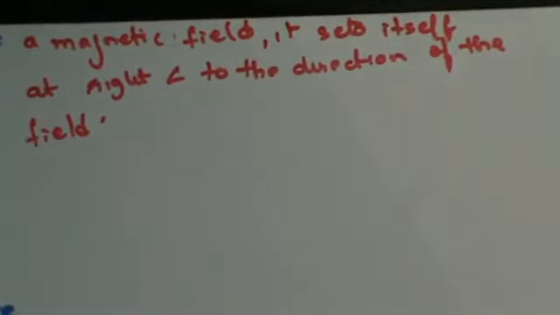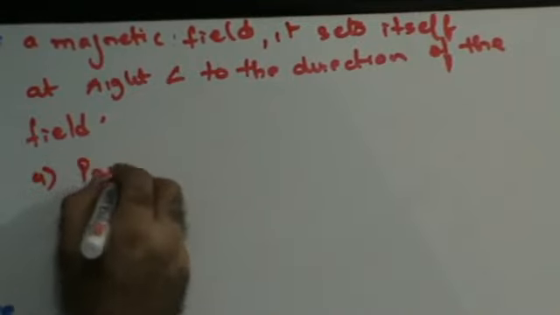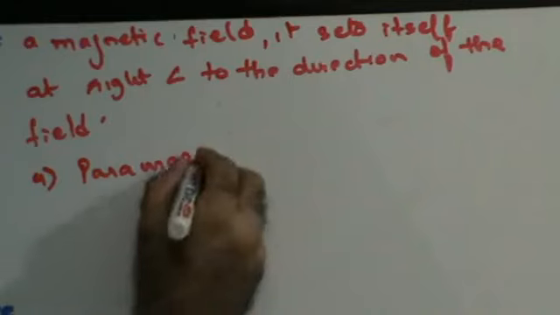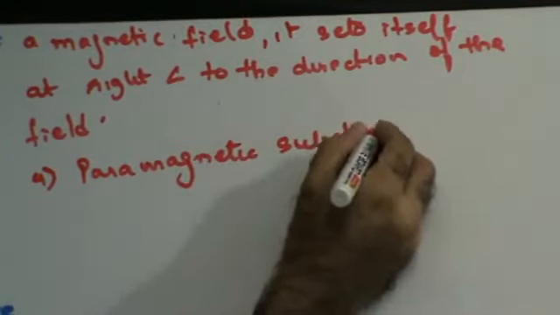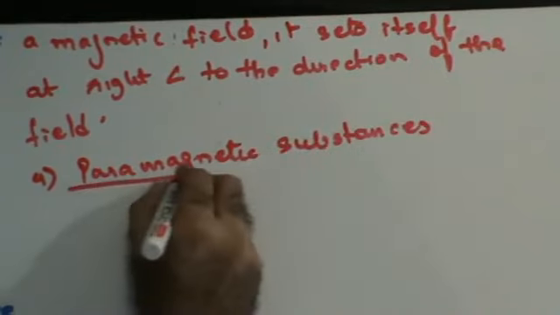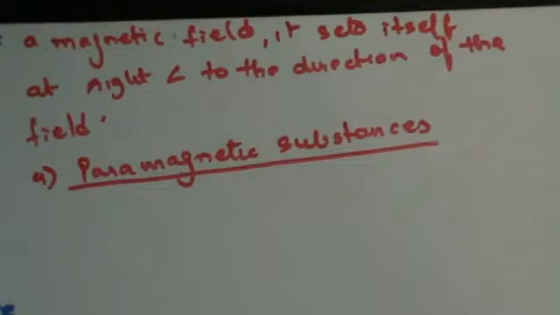Fine, do we get this thing here? Now let's try to understand the molecular model of paramagnetic substances. Now, what are paramagnetic substances?